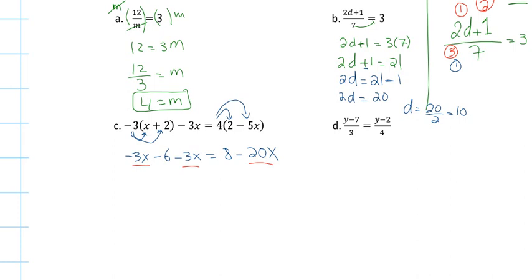Remember, you can move things around the equal sign from one side to the other, but you just have to change their operation. Okay? So I can keep the -3x here. I have to bring that -20x over the equal sign. So I have to cross it over. So what does it become when I cross it over?